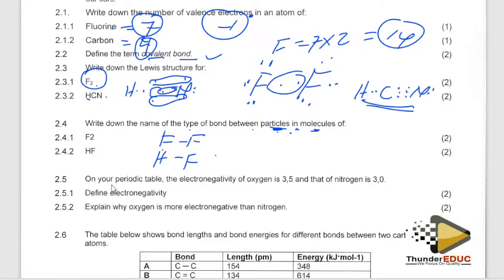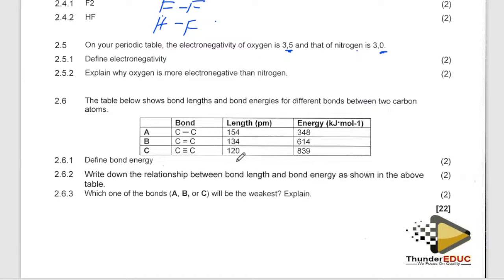So they're saying that on the periodic table, the electronegativity of this for oxygen and this for nitrogen. Define electronegativity. Here we have different definitions, but basically electronegativity is the ability of the atom to pull the bonding pair of electrons toward itself. I gave you an example of hydrogen chloride yesterday, and I said that it's not shared equally.